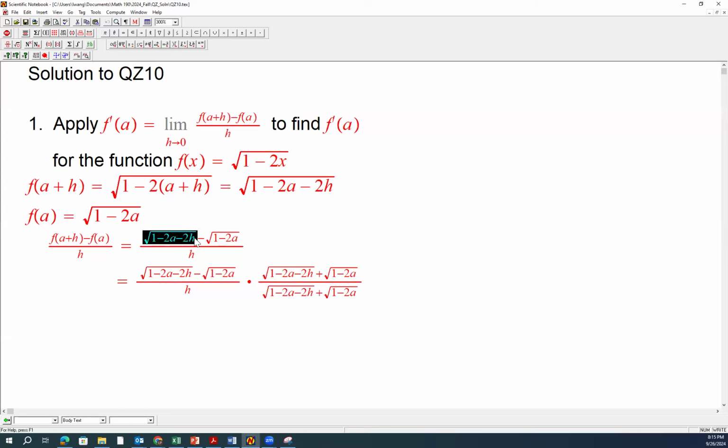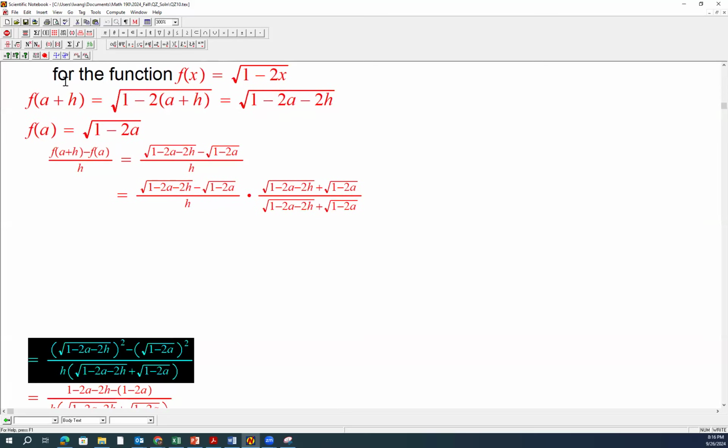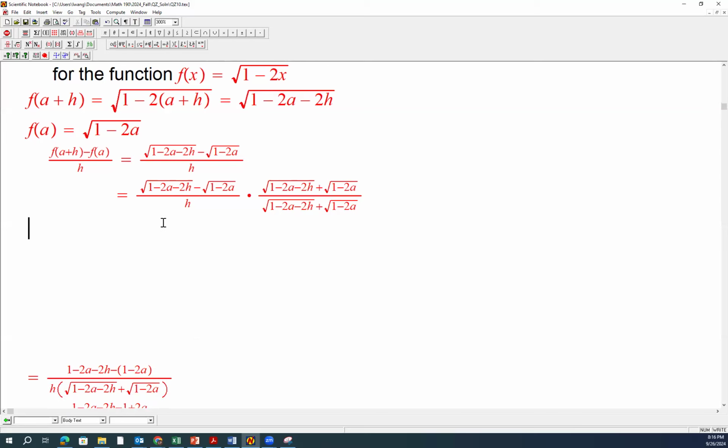We just basically copy this piece and change subtraction to addition. So we have a situation where we can do a minus b times a plus b. And notice that you have this radical plus the other radical, right? And next, we're going to apply this rule.